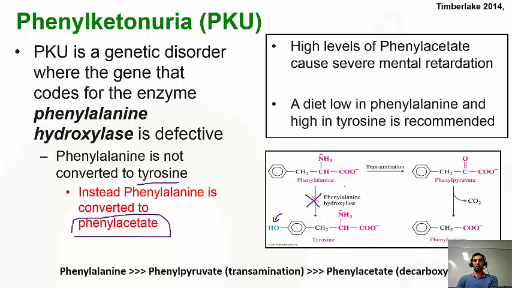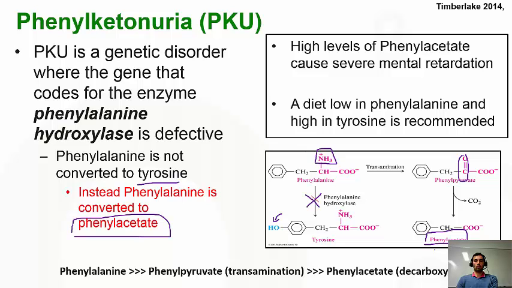So instead, the phenylalanine actually undergoes a transamination reaction, losing that amino group, being converted to a ketone group, and through the loss of this ketone group, it then forms this toxic compound called phenylacetate. So high levels of phenylacetate are actually associated with mental retardation.